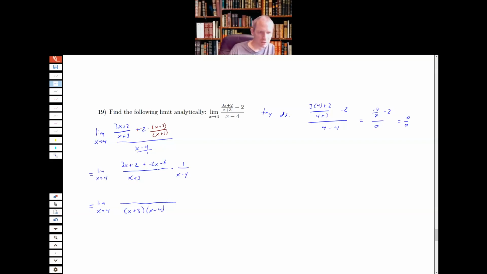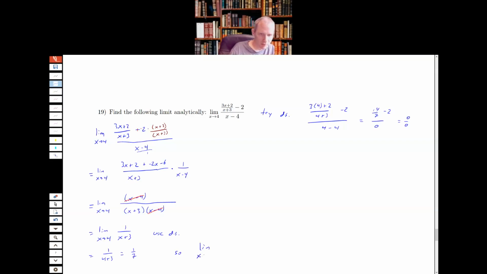In the numerator, let's just clean things up. 3x minus 2x gives me x. 2 minus 6 is a negative 4. Now I can cancel that x minus 4 in the numerator with the x minus 4 in the denominator because we're working inside a limit. So this is equal to the new limit where we have 1 over x plus 3. Now we use direct substitution and we get 1 over 4 plus 3, which is 1/7.